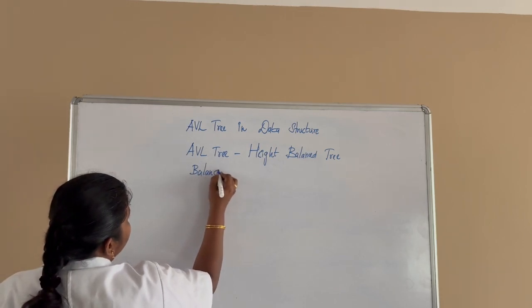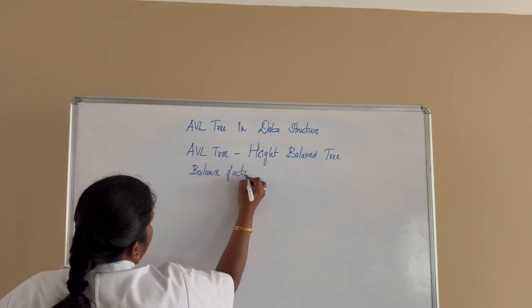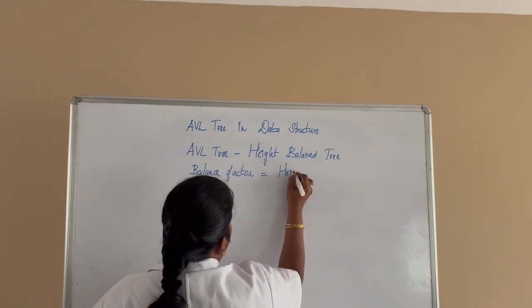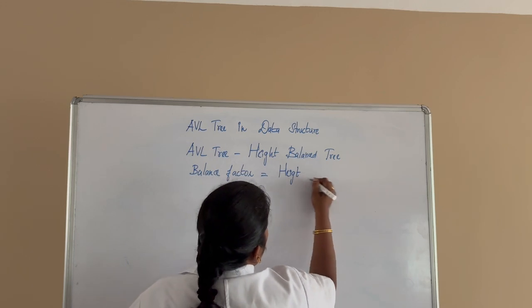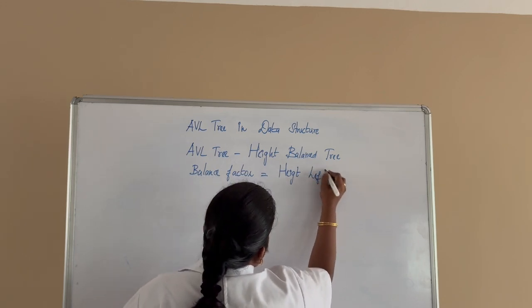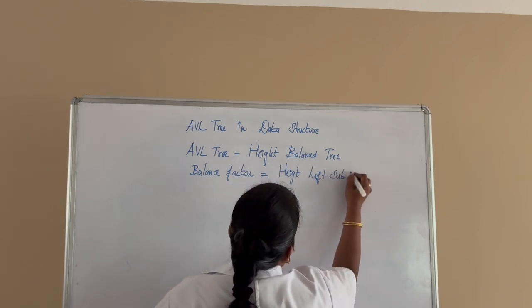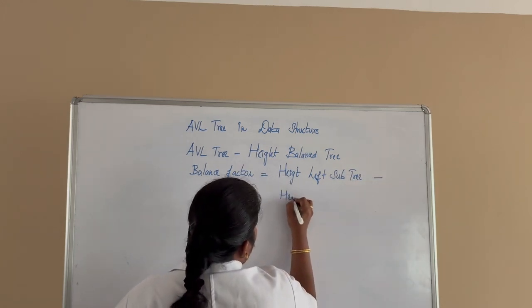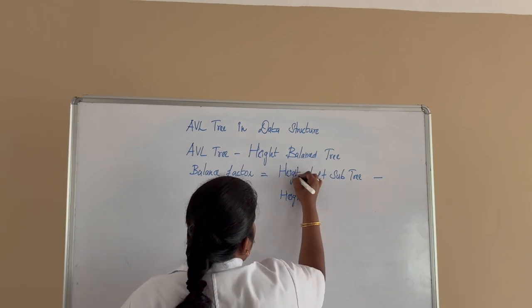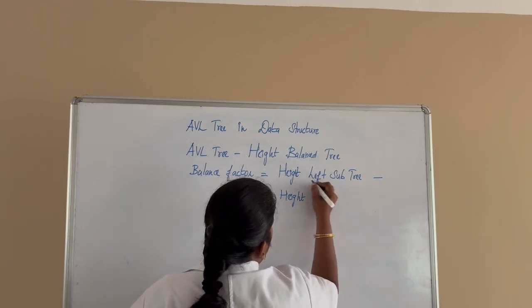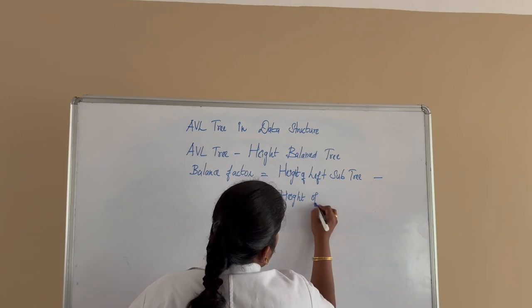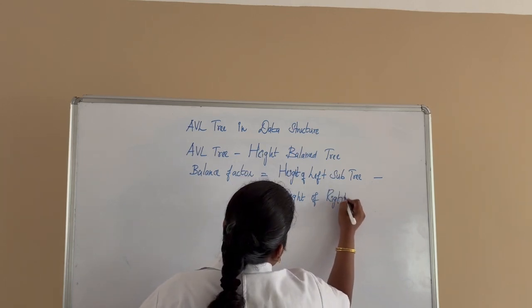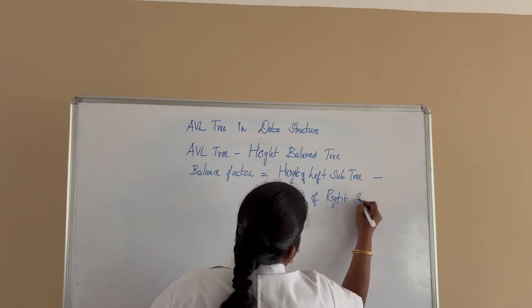The balance factor is calculated with the formula: height of the left subtree minus height of the right subtree.